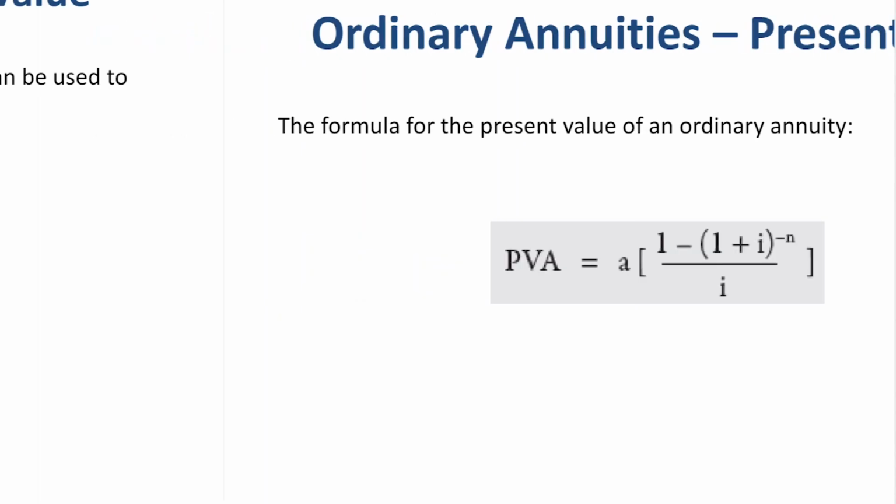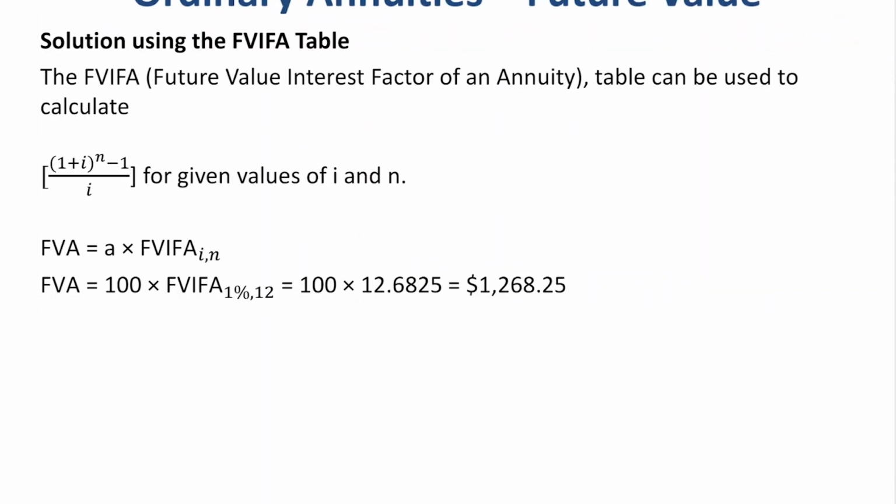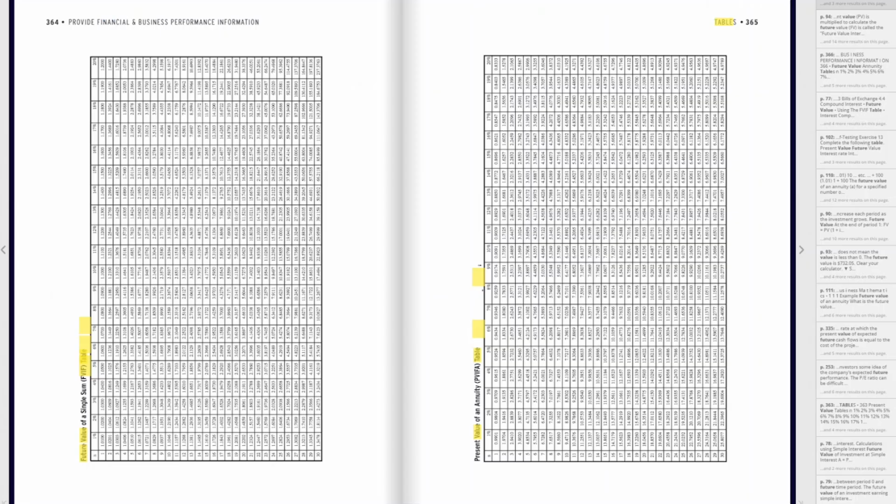There's also something called a future value table that can be used as well. What I've done is opened your paper textbook and searched for the future value table, where you can actually see the table here.